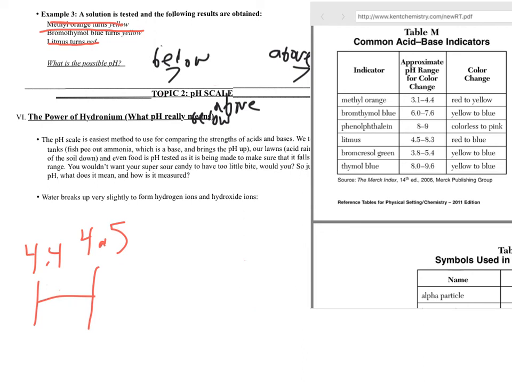So again, just as a quick recap, methyl orange had to be yellow. That means that 4.4 is our lower boundary there. Litmus had to be red, which made 4.5 our other boundary, which means our pH has to be somewhere between 4.4 and 4.5.